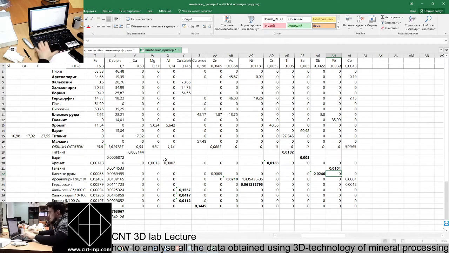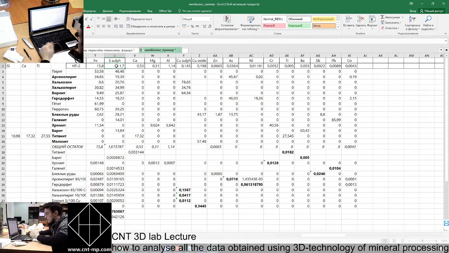Why is it important? As we counted the content of a particular mineral by elements, we can also count how much of other elements are connected with that mineral. I mean, we know that in this sample there is 0.005 percent of barium, and we can also count that 0.0006 and so on percent of sulfur is connected only with barium.